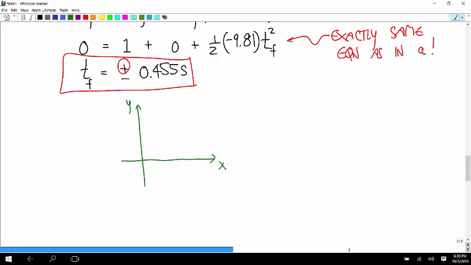We know that what gravity always does is accelerate things in free fall down with a magnitude of 9.81 meters per second squared. So draw that vector with its tail at the origin. That's in the negative y direction.